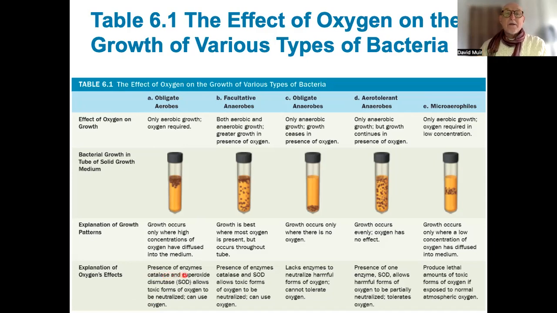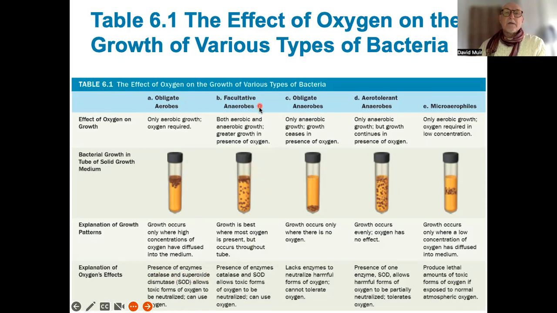And the second is superoxide dismutase. Superoxide dismutase breaks up the superoxide and neutralizes it. So they produce both of those. Catalase and superoxide dismutase destroy these toxic forms of oxygen. Our next group that we're going to try inoculating into another tube are the facultative anaerobes.